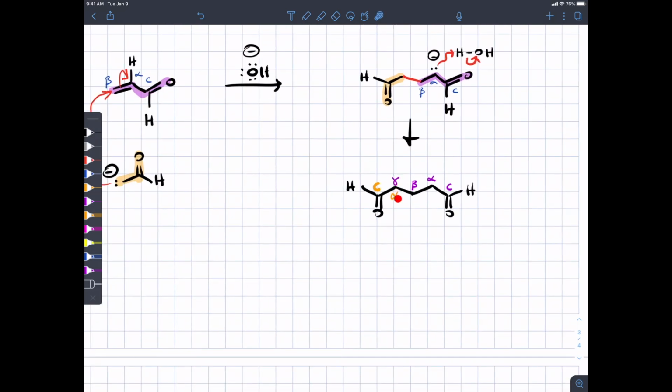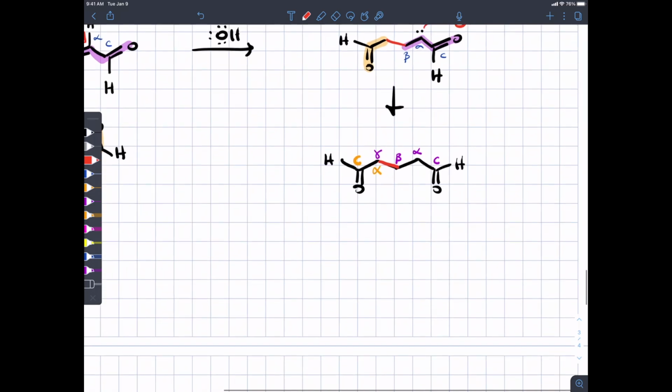In other words, this carbon here is alpha to the orange carbonyl, but gamma to the purple carbonyl. When you have that pattern, you could have made this bond between beta and gamma carbons via the Michael reaction.